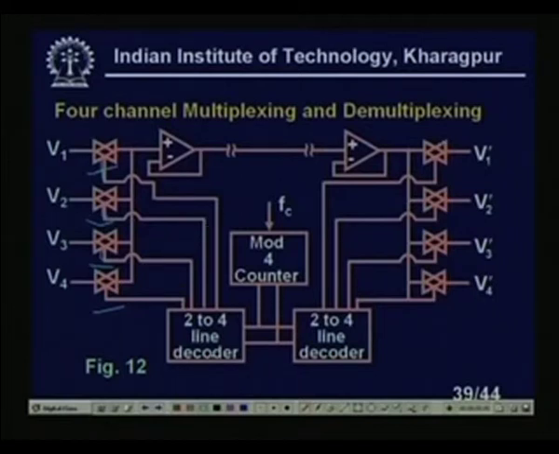I need a 2 to 4 line decoder. What is the 2 to 4 line decoder? Only one line will be selected at a time. When this switch is selected, all other switches will be deactivated during that time. This is not very difficult. You can see I can have this type of signals.